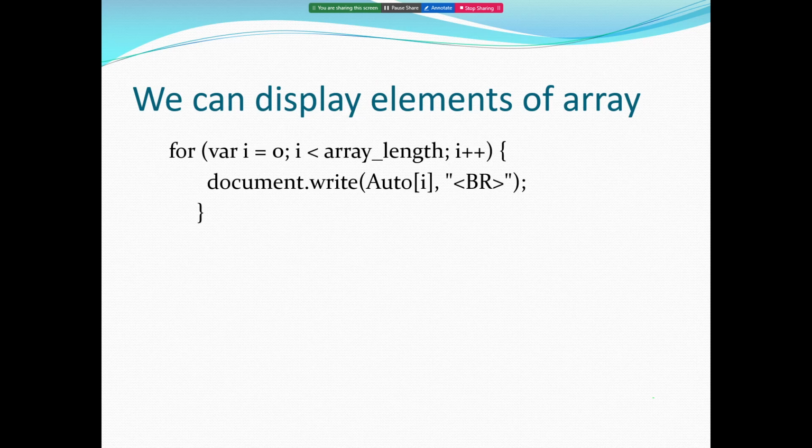Now you can see here we have an i for a variable counting the index locations, and we've got an array length. So that's a bit more robust in that the length can vary, and our script will adjust to the length.